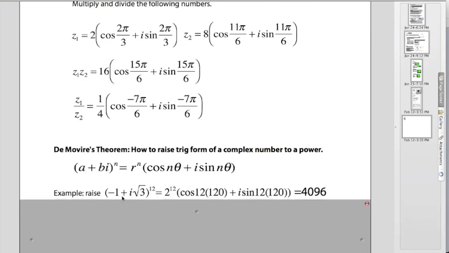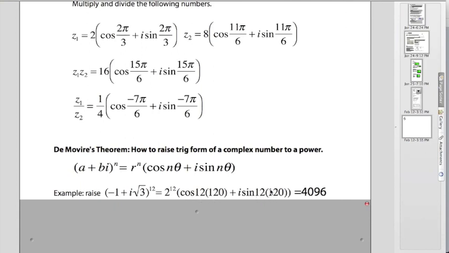I have my initial number, -1 plus i square root of 3. And I want to raise that to the 12th power. It's fairly big. Okay, so here again, I'm just using my formula, 2 to the 12th power, and then cosine of 12 times 120 plus i sine of 12 times 120.